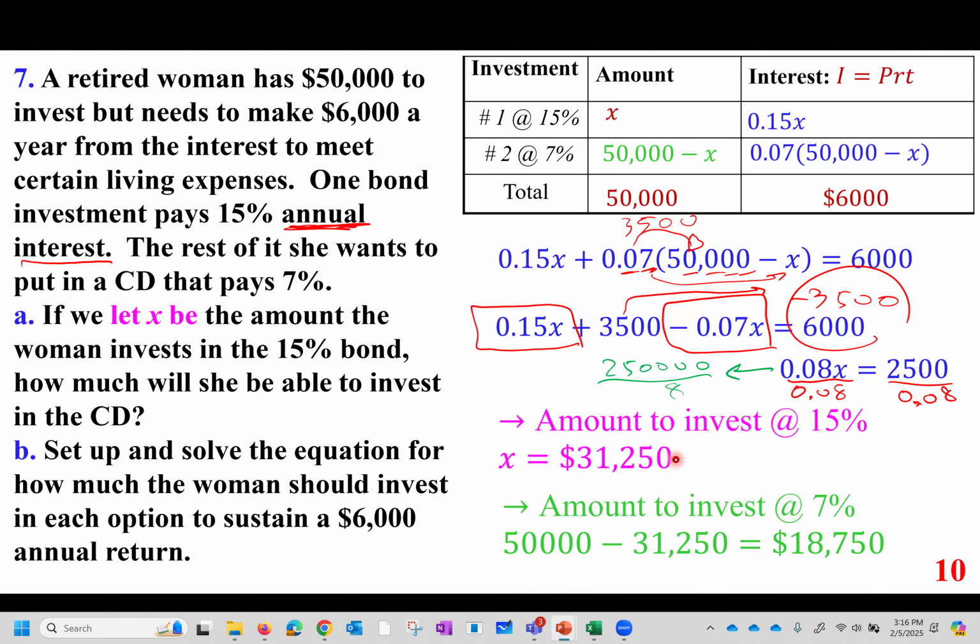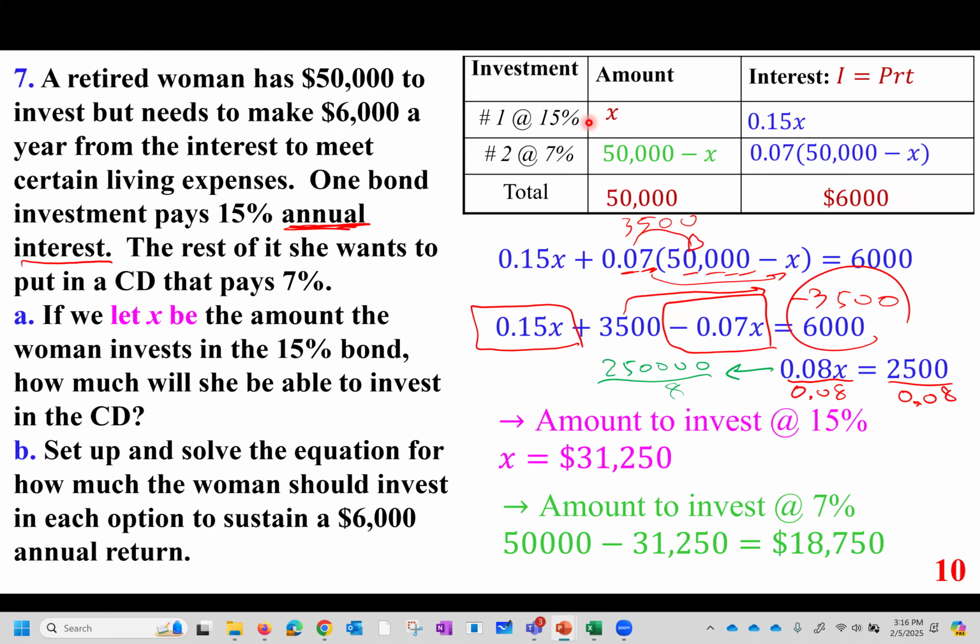Pretty straightforward, everybody. So a quick recap. We have this much. So we are going to go with the investment at 15% and 7%. The amount at each one, and the interest uses the formula I equals PRT. The amount, we know the total is 50,000, and the interest, the total we need is $6,000.